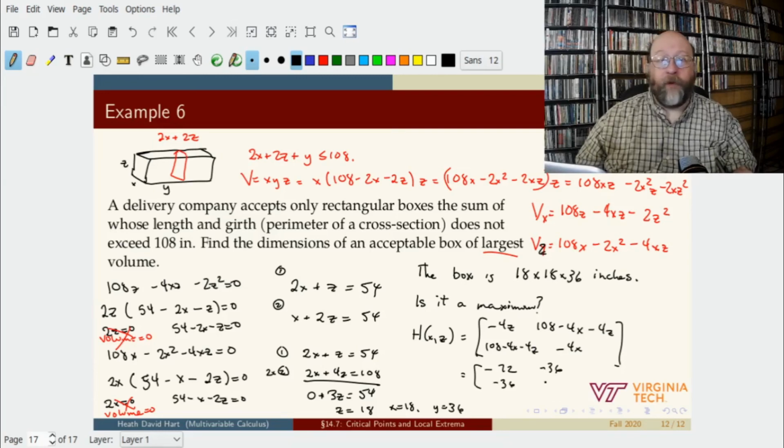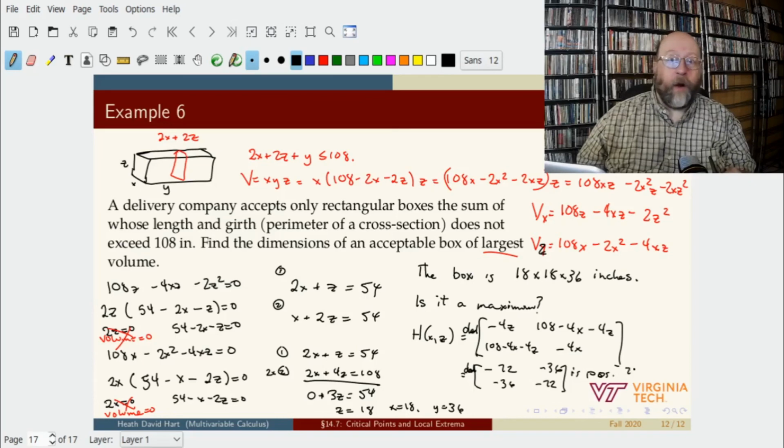Negative 36 and negative 72. I can tell just by looking that 72s are more powerful than 36s, so the determinant, 72 squared minus 36 squared, is positive.